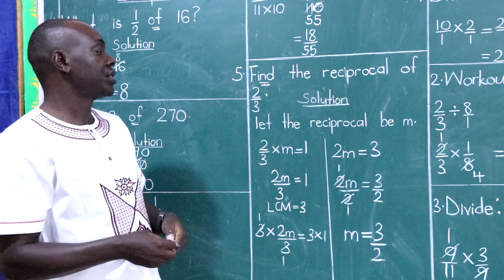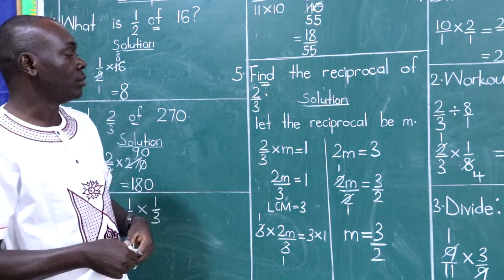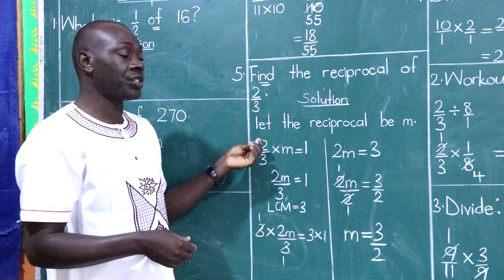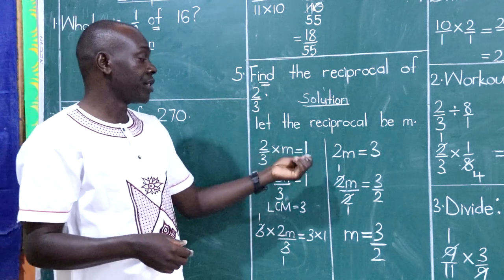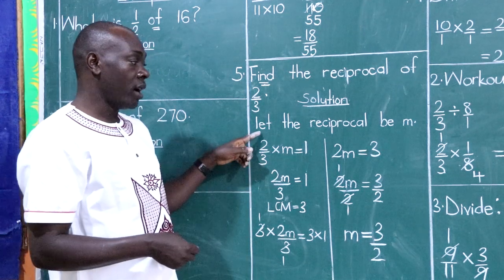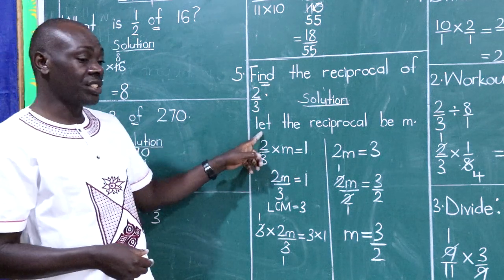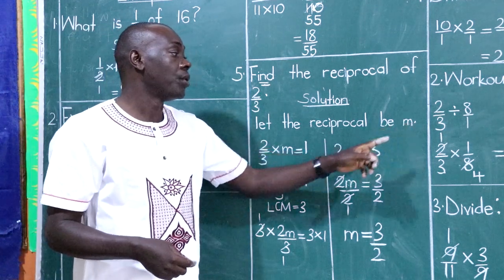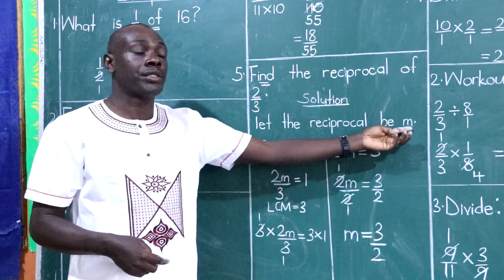Because it is called the multiplicative inverse, we find it by multiplication. And the rule is: fraction times reciprocal is equal to 1. That's why one forms an algebraic equation by first stating, let the reciprocal be a letter. In this case, the teacher chose m.